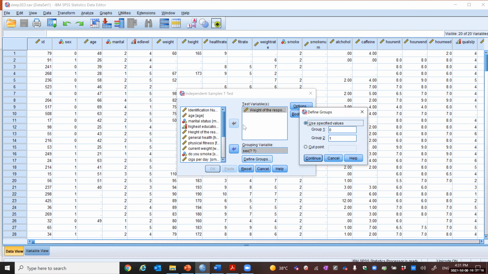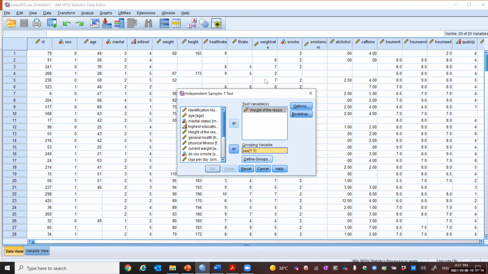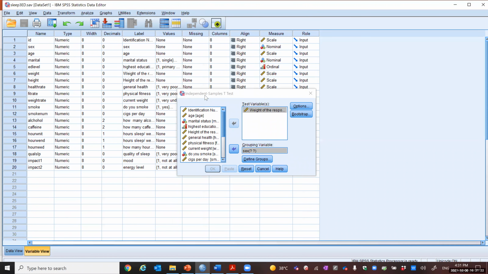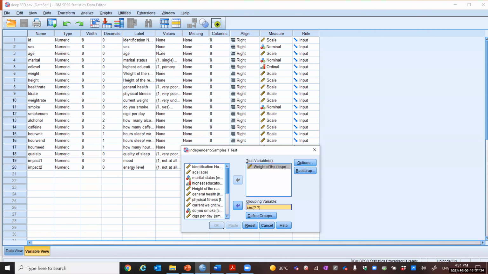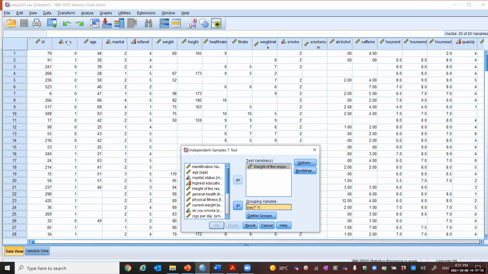Now what is group 1? For example, let me just go back and see. If we go to the variable view, okay, we have not defined the values. But if you go to the data view, the sex has been coded 0 and 1.